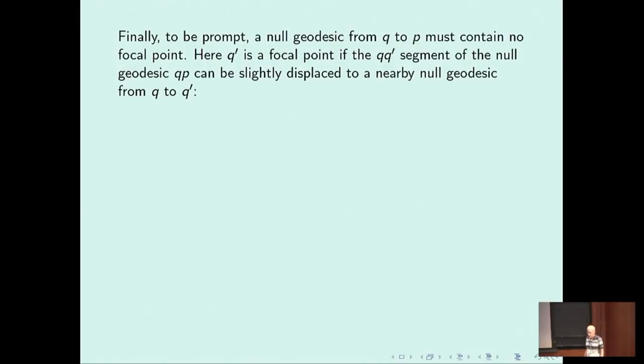So the definition of a focal point is similar to before. Q prime is a focal point if the QQ prime segment of the null geodesic can be slightly displaced to a nearby null geodesic from Q to Q prime. So QP is a null geodesic, but the QQ prime segment can be displaced to another null geodesic nearby, drawn in red.